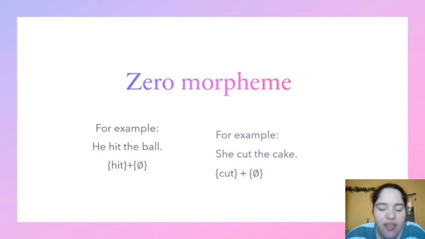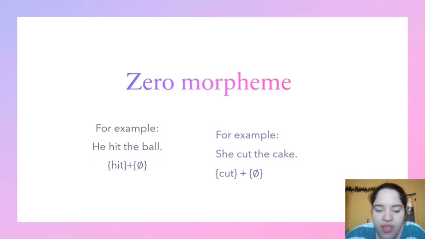So we said "he hit the ball." And the other exception that we have is the same, right? In some verbs, in this case, these are irregular verbs. So here we have "she cut the cake."